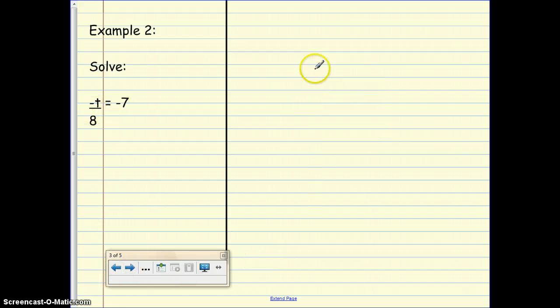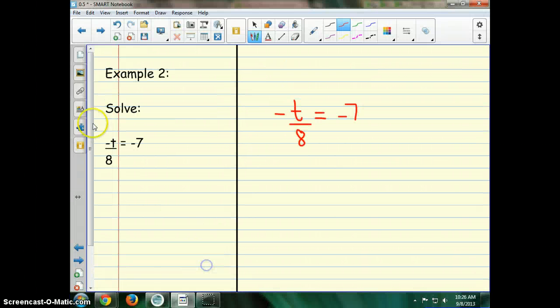Now what if we have a situation like this, where we have negative t over 8 equals negative 7? Well, remember, you can put the negative wherever you want. In this case, I think it's easier to keep the negative with the number, so I'm going to move the negative down with the 8. Again, when we're solving, that means to get the variable alone, in this case to get t alone.